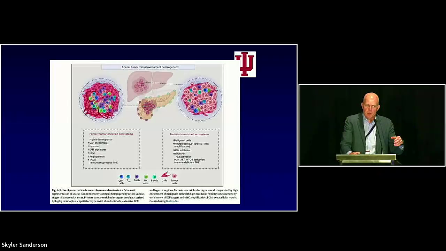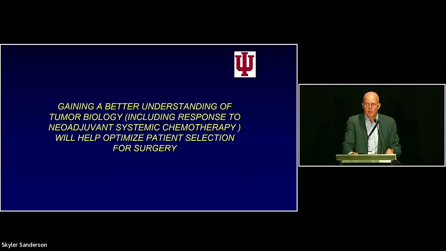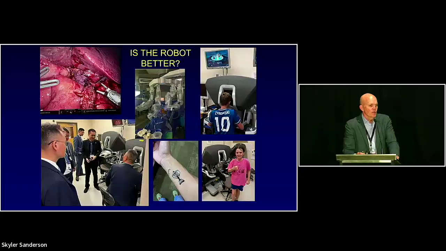And again, potentially select patients for liver resection, potentially select patients for specific chemotherapeutic agents. Personalized medicine is coming, it's here. So gaining a better understanding of tumor biology, including the response to neoadjuvant systemic therapy, will help us optimize patient selection for surgery. So maybe the future of pancreatic surgery for cancer is not necessarily in the hands of the surgeon, but is also in the hands of the biologist and the medical oncologist.